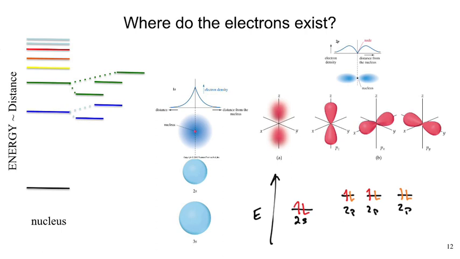If we scaled this out to oxygen, what would oxygen's outermost shell look like? Well, we go to neutral oxygen, it has how many electrons? 8. We've got the 1s, so we ignore. And we've got the 2s and the 2p.